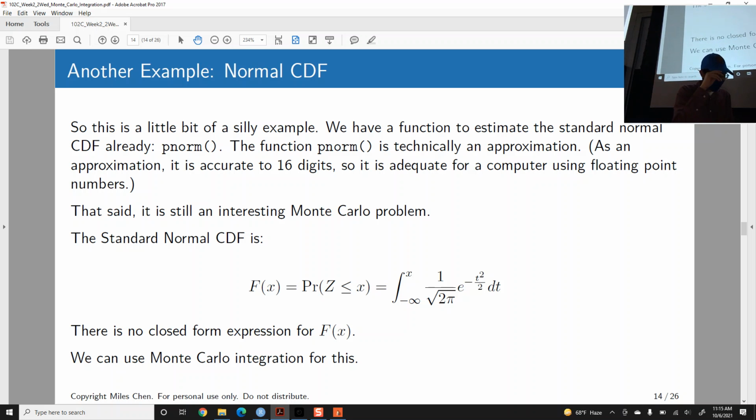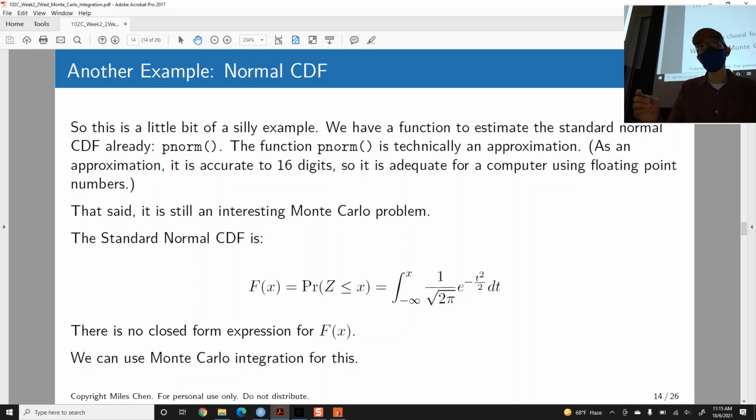Let's take a look at another example here. We're going to use Monte Carlo integration to estimate the value of a function. And so let's talk about the cumulative distribution function of the standard normal random variable, okay? Now, we already have a function that does this, the CDF of the normal distribution.